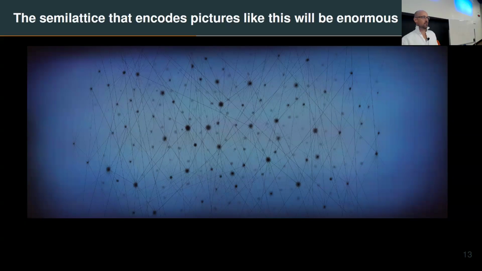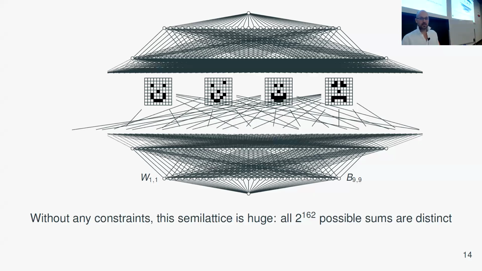So you can see even for this very basic example, which is obviously a fairly boring classification task, the actual free semilattice here, the semilattice that's generated without any restriction by those constants we introduced, the white pixels and black pixels, well, there were 162 of them. So all possible sums, if we allow 0 as the empty sum, gives 2 to the 162 elements in this semilattice. So it's much bigger than the picture that I sketched just before. This is just a schematic, therefore.